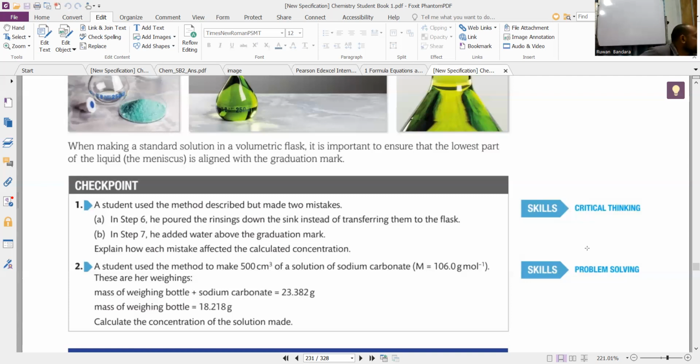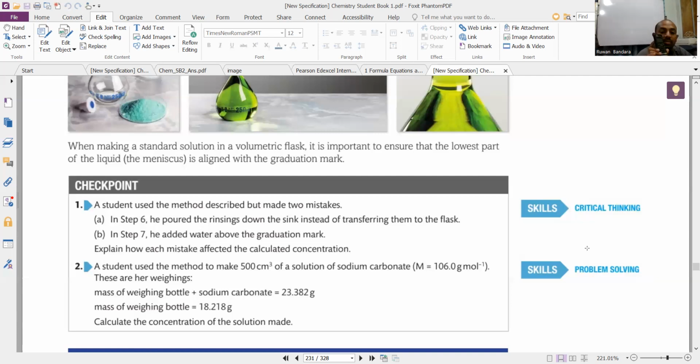Calculator, please. 20 minus 18.218 is equal to 5.164. 5.164 divided by 106, and that answer divided by 0.5.